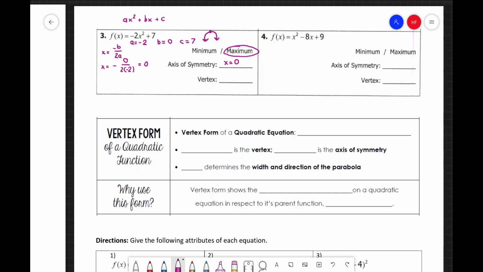And then I'm going to plug in that 0 to find my vertex, because remember the vertex is a point. So y equals negative 2 times 0 squared plus 7. The first part, because it's multiplying by 0 squared, which is 0, is going to give me 0. So I get y equals 0 plus 7, so y equals 7. So my vertex, x, y, would be (0, 7).